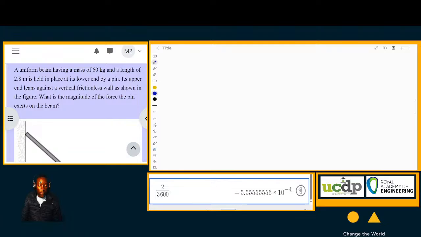So I'll just go over to the next one. You are familiar with this kind of question. A uniform beam having a mass of 60 kgs. So this is the kind of picture we have.